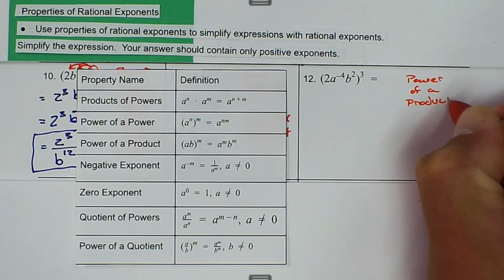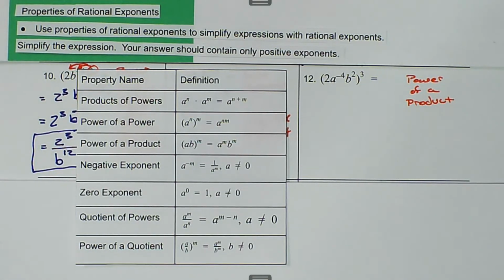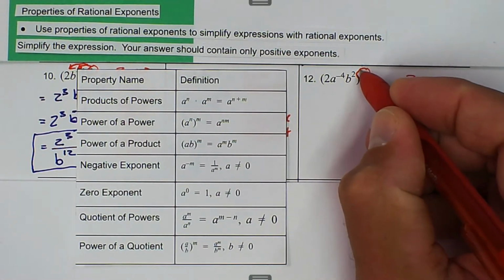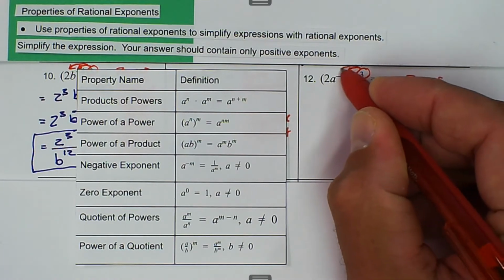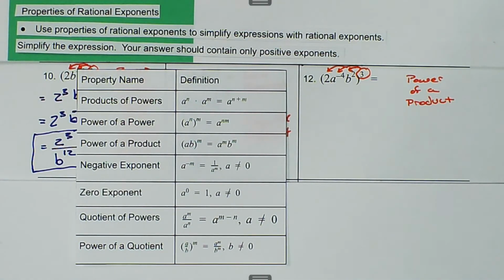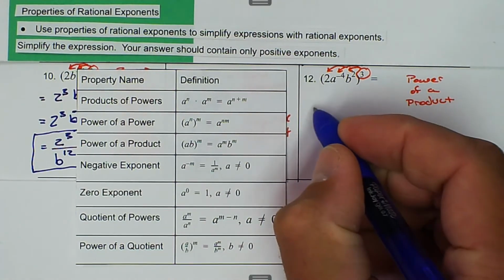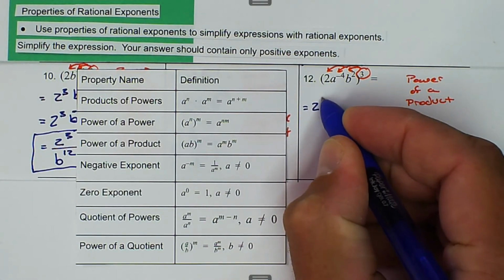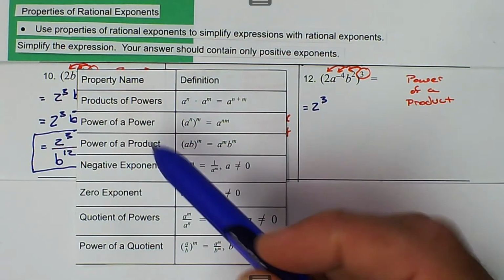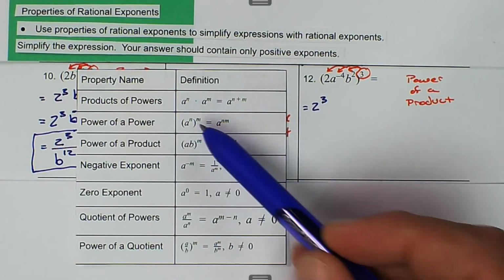So we take the 3, and we're going to distribute it to all three parts. 1, 2, 3. So I'm just going to write that out. So 2 to the third. And now we have a to the negative fourth. So that is actually power of a power.